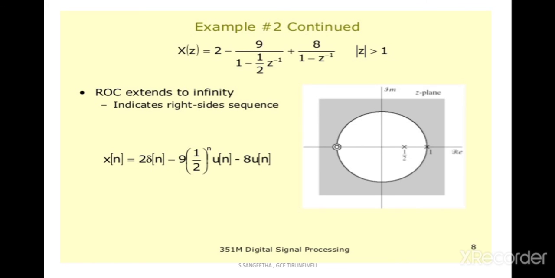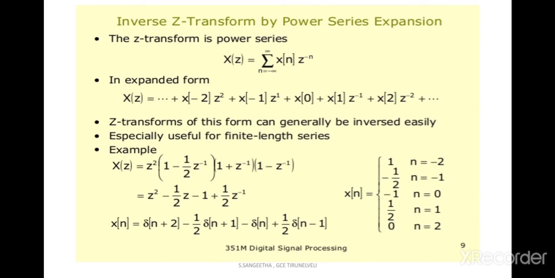Next you have to write the x of n as 2 into del of n minus 9 into, in this place you have already solved, that is the value will be 1 by 2 to the power n u of n, and in this place also 8 into u of n, which will be already calculated. So this is the inverse z transform for capital X of z.